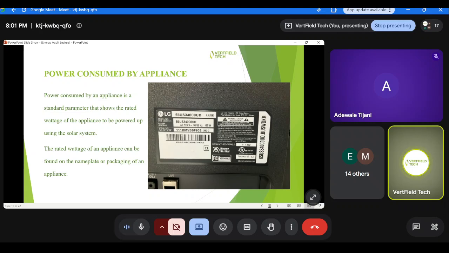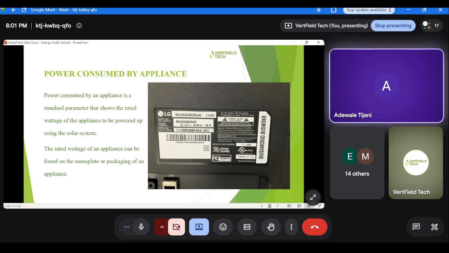So on my screen tonight, you can see a typical example of an LG nameplate. Who can tell us what is the energy consumption or power consumed by this television? Who can see the screen properly? 195 watts.